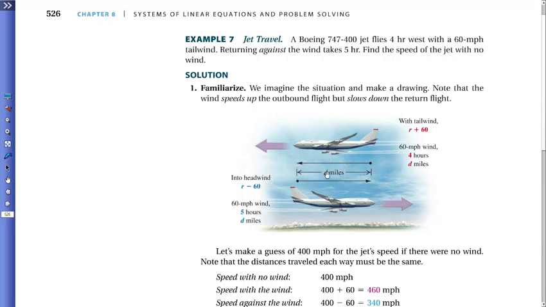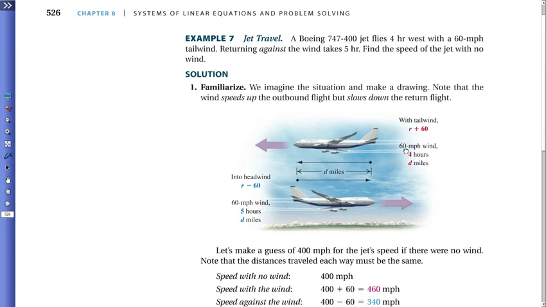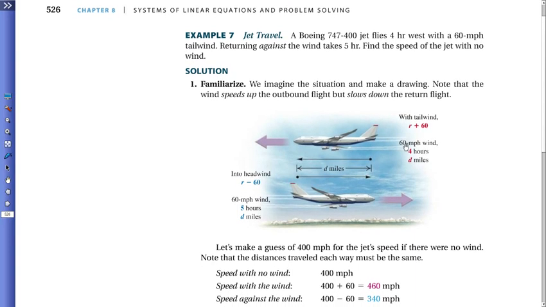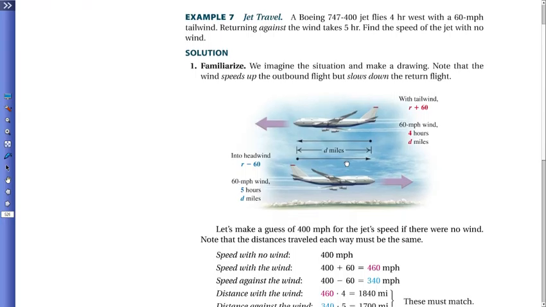So I'm going to say d is the distance, and we've got a rate times time problem again. So we need to think about those different formulas in the way that we may need them.